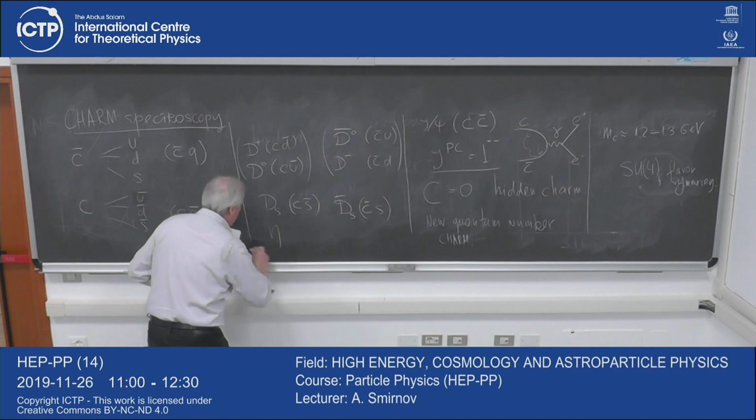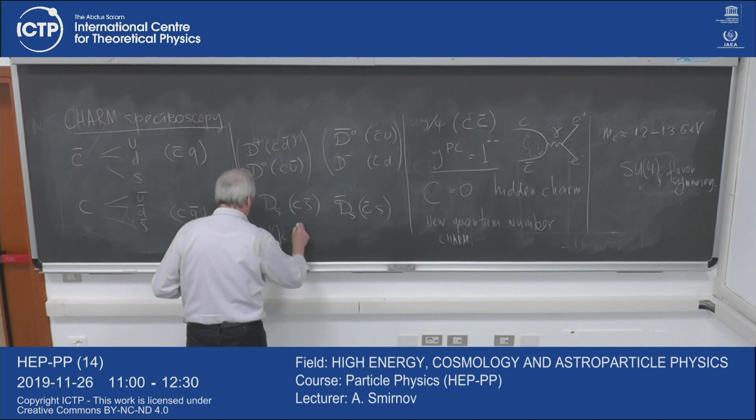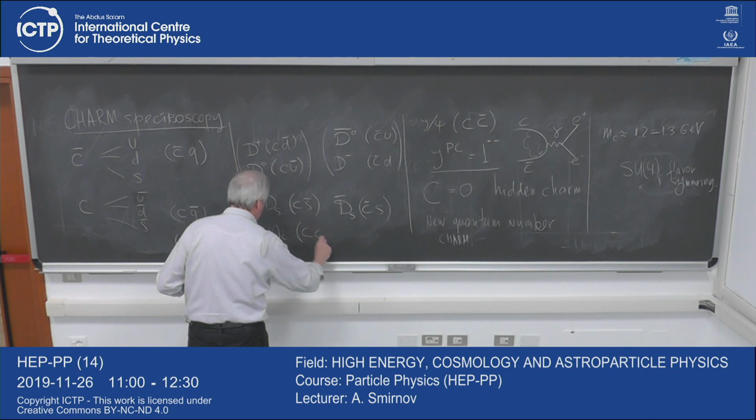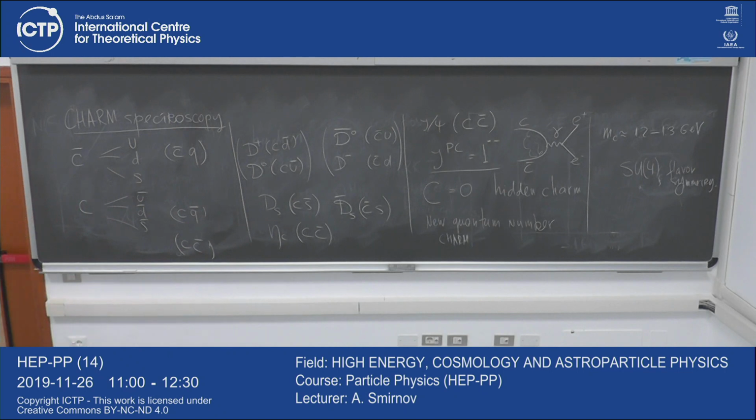And we also have this eta meson, eta C, which is composed of charm and charm bar. Again, eta C differs from J/psi by spin. What's interesting, the first particle which was discovered was this charm anti-charm, although its mass is bigger than the masses of these particles.